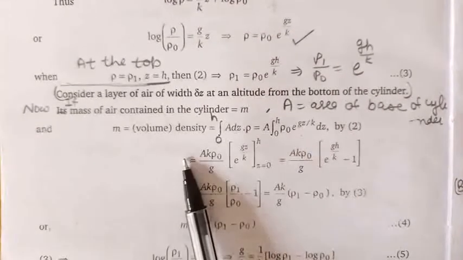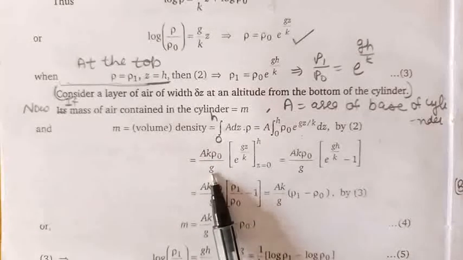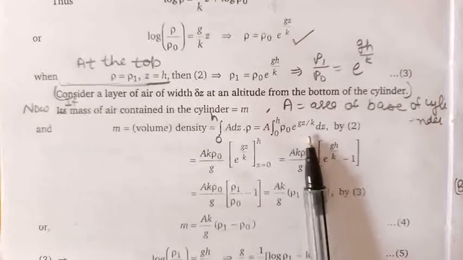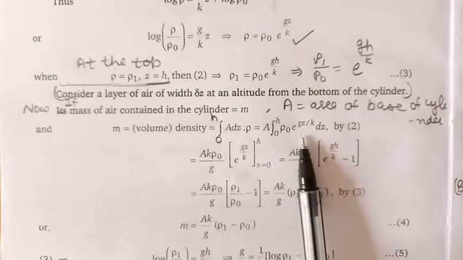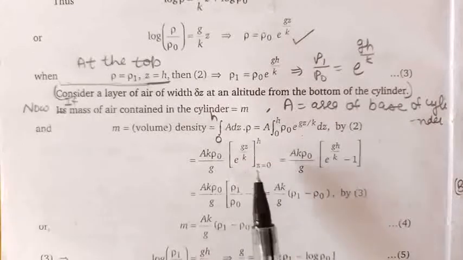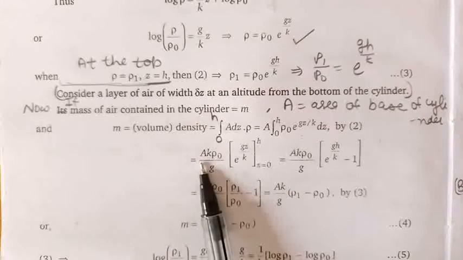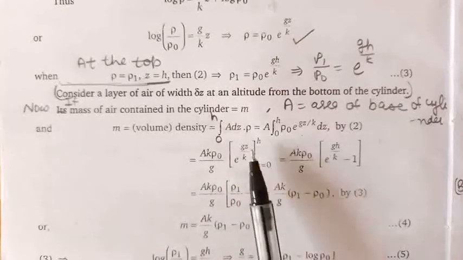Here A, k, rho naught and g, these are constants. Integration of this term we have done, e raised to the power gz by k, and dividing by g by k in the denominator, which we have written outside, and applying the limits between 0 to h.